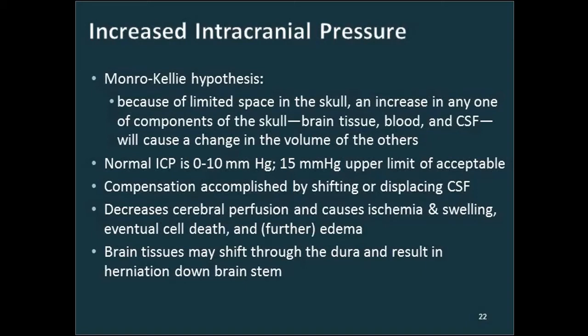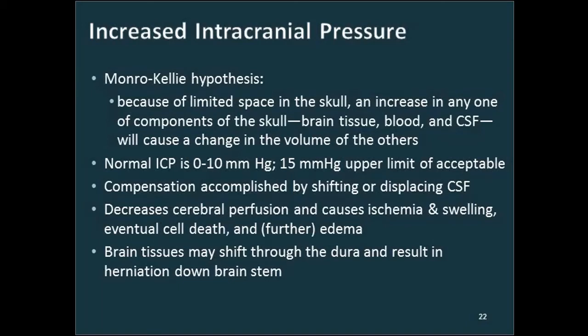The body has already tried to reduce the pressure by limiting blood flow and limiting CSF, but there comes a point when the pressure gets so high that the actual brain tissue will be pushed or shifted, and the only opening out of the cranium is through the brainstem at the foramen magnum. So eventually the brain tissues will shift, and they'll actually herniate through the foramen down into the brainstem.